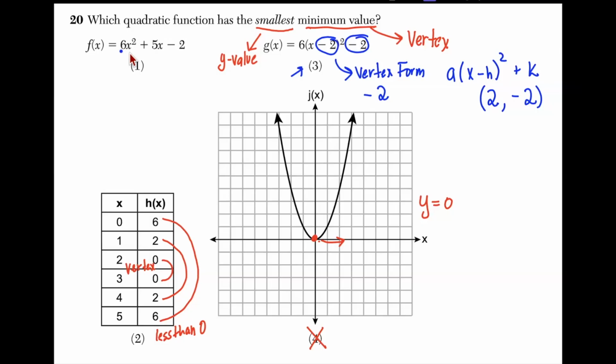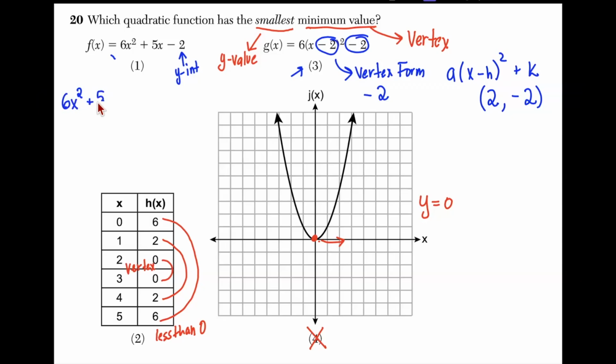Now I've got a problem with f of x here, in that this is written in standard form. Standard form shows me the y-intercept. So I know my y-intercept is at negative 2, but I'm not sure about where my vertex is. Now, there are ways to take this function and convert it into vertex form, but honestly, the easiest thing to do at this point would be to take this function, graph it, and identify its vertex from there.